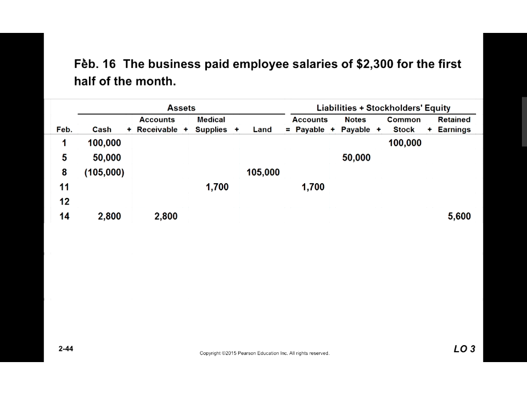So what's happening here is we're paying cash. So cash is going to decrease. So we're going to see $2,300 deduction in the cash column. And what is that? That's an expense. And expenses reduce equity. So we're going to have $2,300 reducing assets, reducing cash.